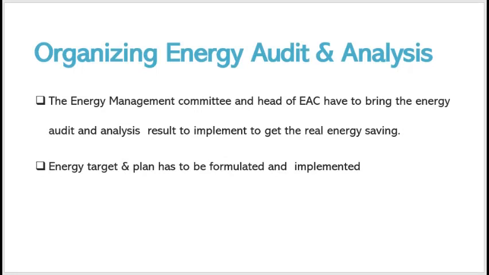So, for the summary, there are procedures to follow in order to establish a good energy audit. Procedure A, preparing the scope of energy audit and analysis by the energy manager. 2.